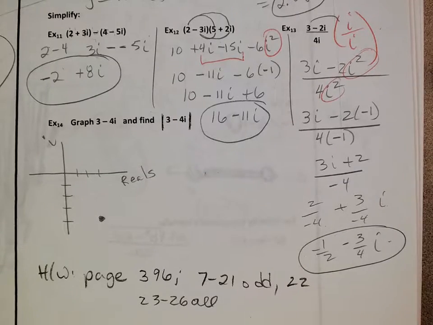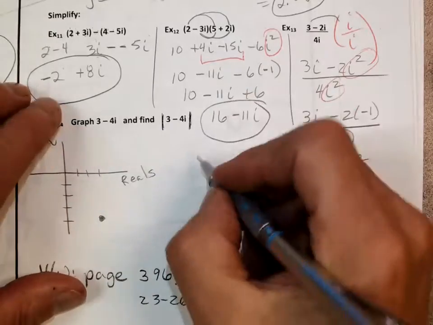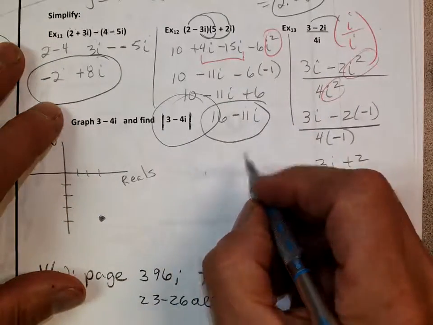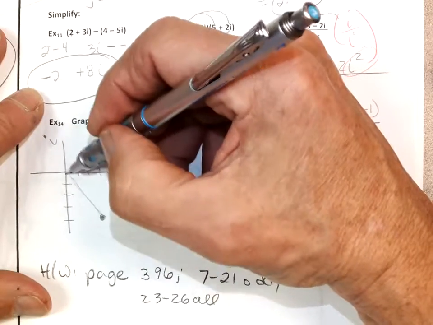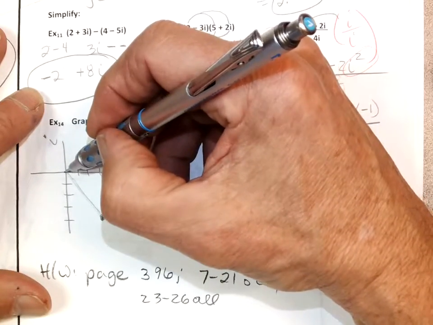Okay, now finally, the absolute value is basically the Pythagorean theorem. We want to find the length right here. That's what the absolute value is, the length from the origin out to the point.